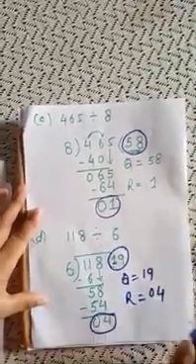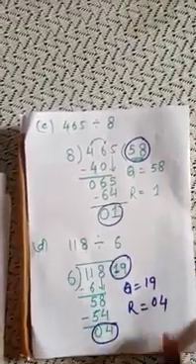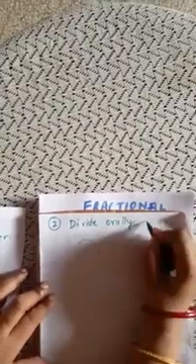Okay, children? So in this way you will do question number 1. Now let's discuss question number 2. Here question number 2 is divide orally. You have to divide orally using multiplication table.